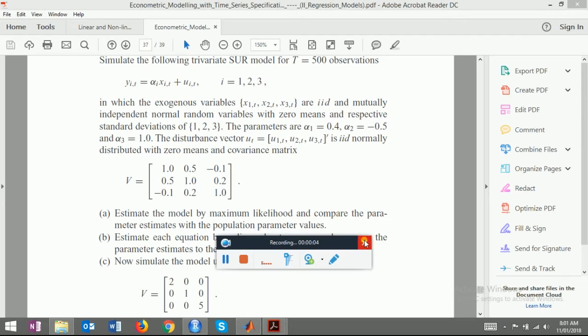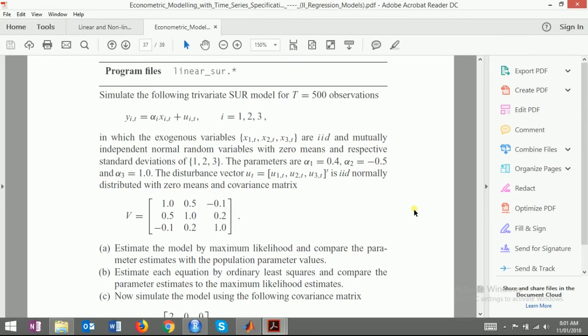Now let us talk about seemingly unrelated regression. As we remember, seemingly unrelated regression is when the models have dependent variables that are functions of exogenous variables only, not another dependent variable. So we need to simulate the following trivariate model.